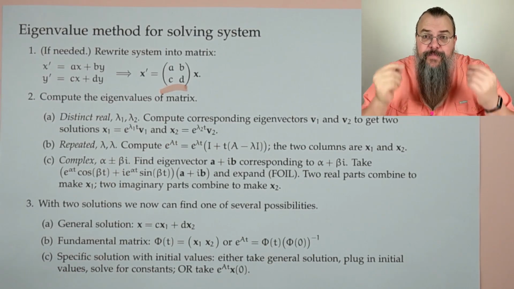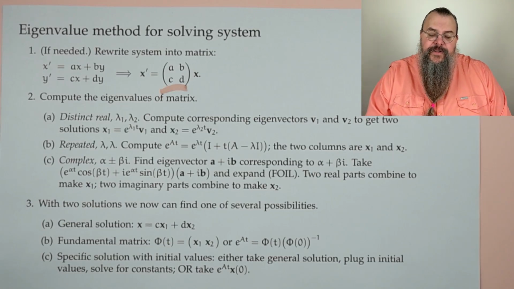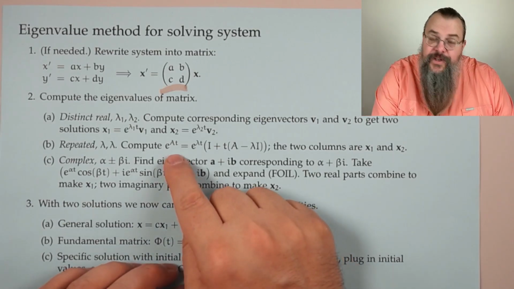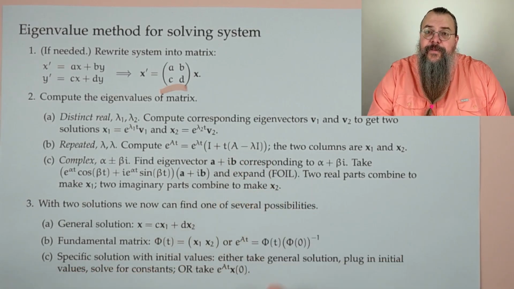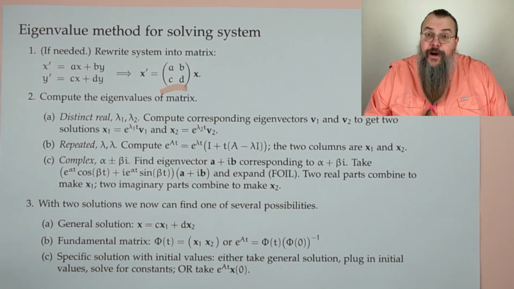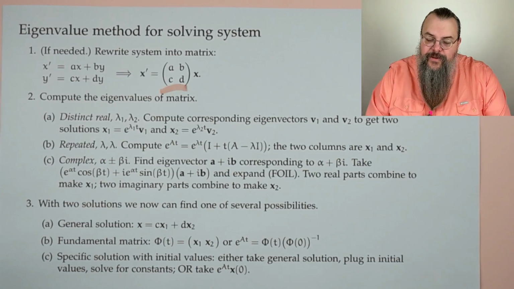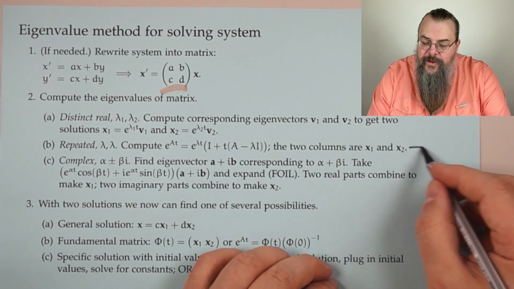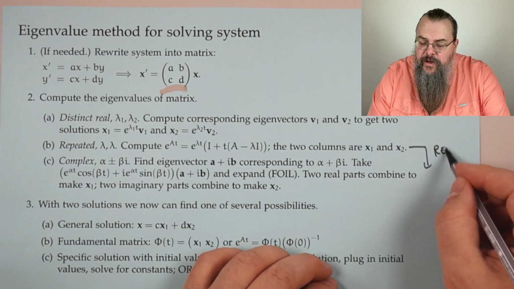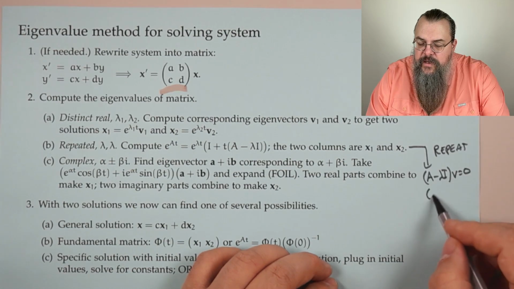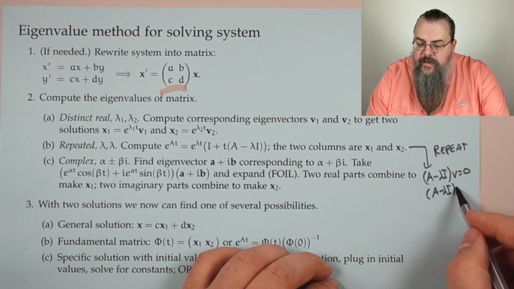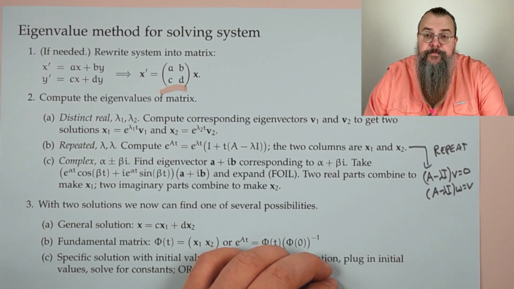If you have repeated eigenvalues, well, compute e to the At using the shortcut. That's the fast way. Now, the longer way to do this is to do what? Well, for repeated eigenvalues, you can also say, look, you want to find (A minus lambda I) times v equals 0, and (A minus lambda I) times w equals v.